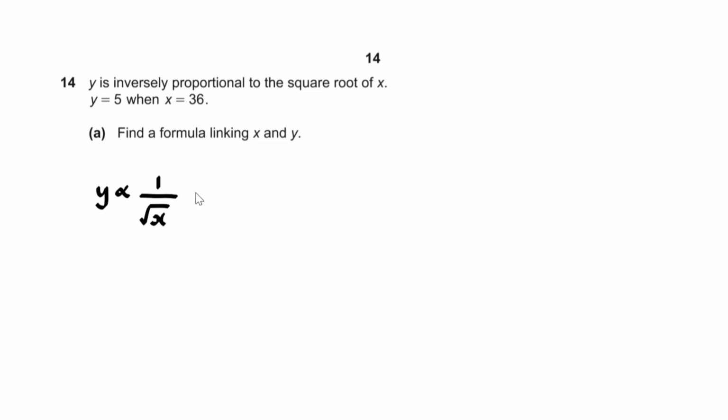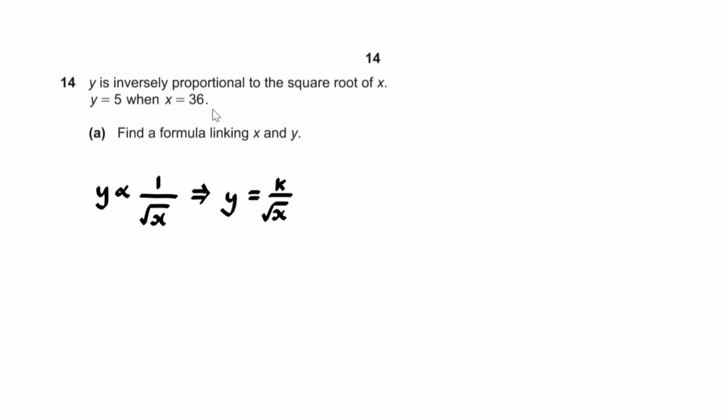And if this is the case, we can convert this into an equation. And the way we can do that is to use the constant of proportionality, which we will call k. In other words, we can say that y is equal to some constant k over the square root of x.